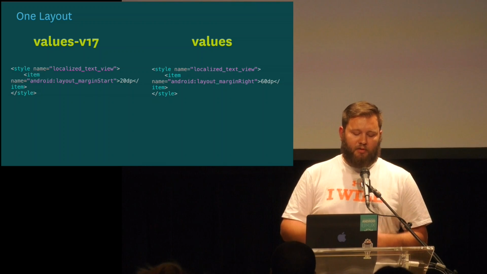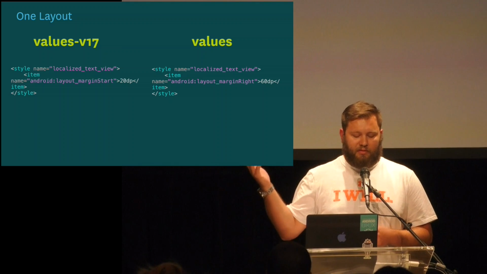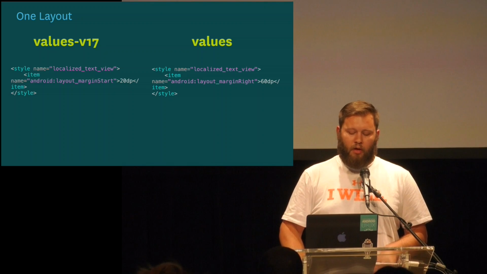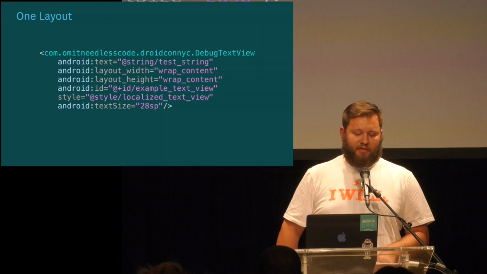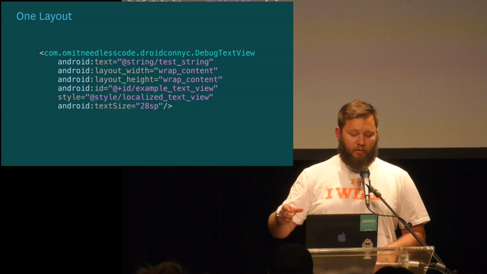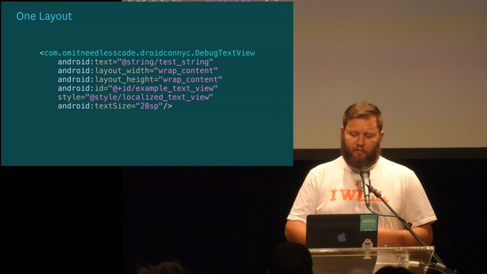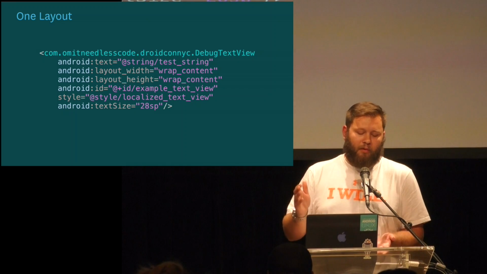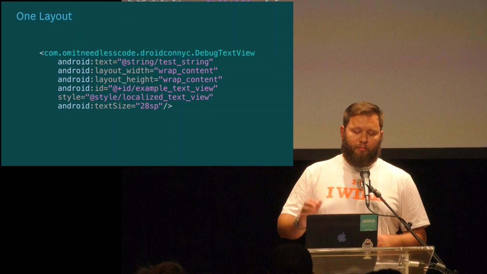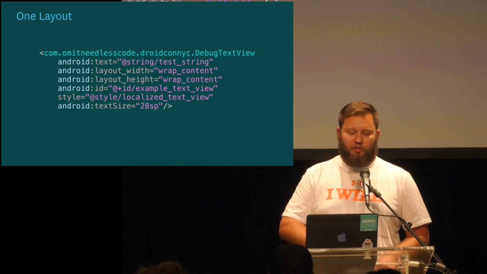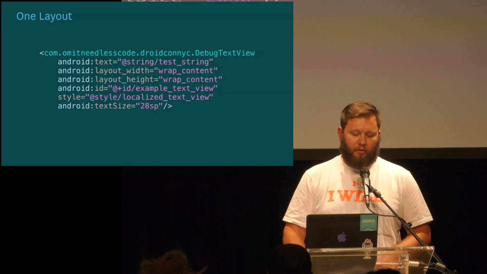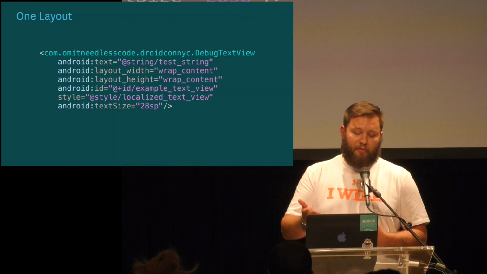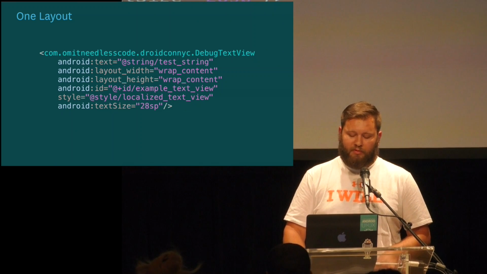And in this case, we can create a style, which is named localized text view, and that localized text view is now the style for that one text in that one layout that we have. And now, amazing. At any API level that we want to support, we have a way to support that without having multiple code paths, and we can change it specifically for each language and for each API, depending on what's used.